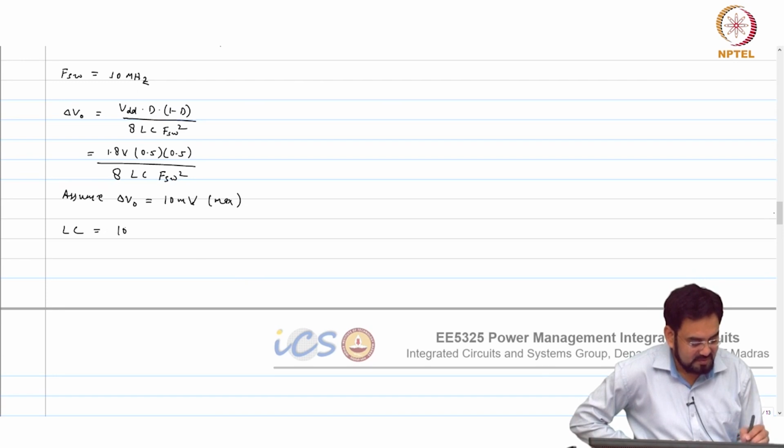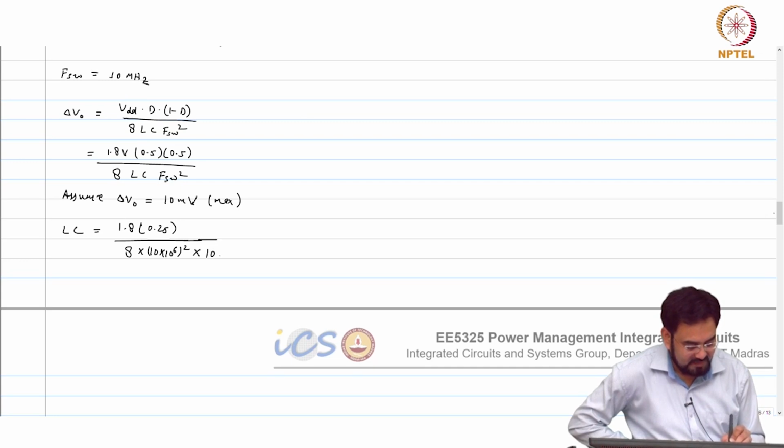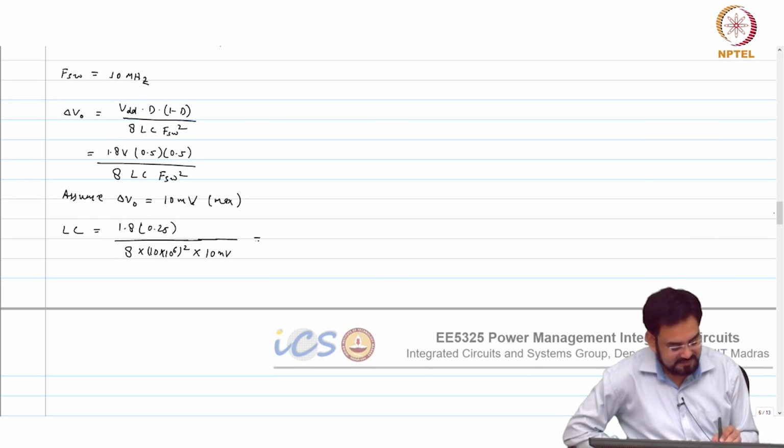VDD is 1.8, how much will be this? 0.25 divided by 8 into FSW, we know 10 megahertz, 10 power 6, square, into 10 millivolt. How much is this?